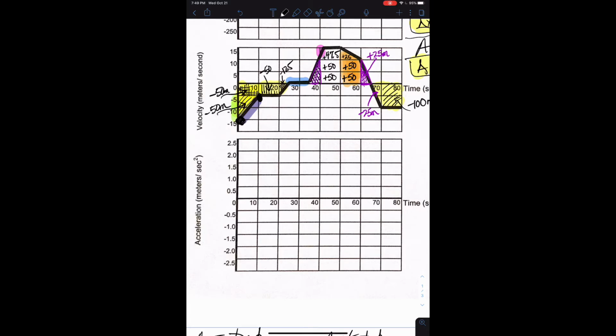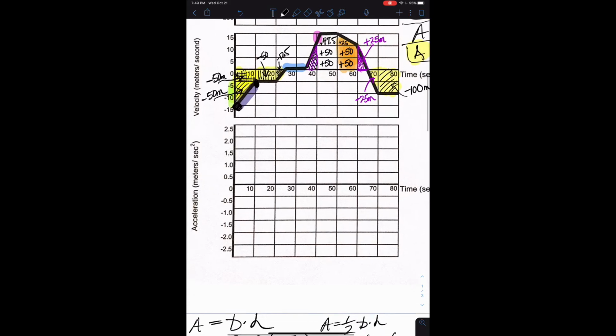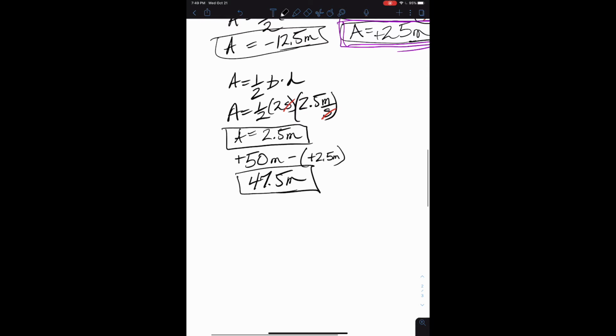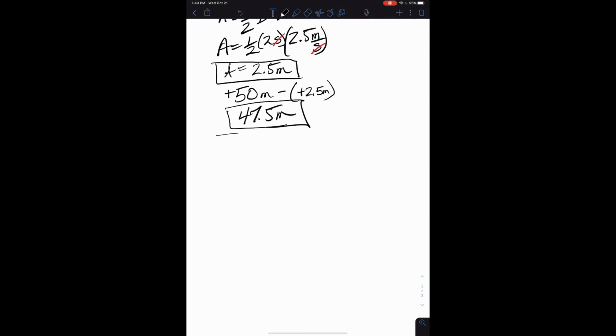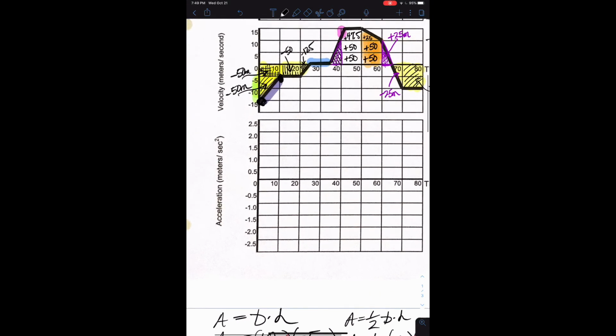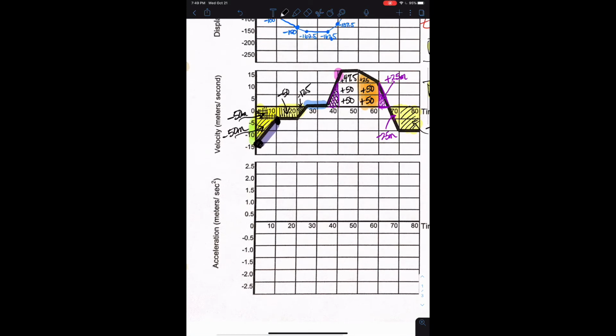And so let's go ahead and write our formula for that. Just draw a little line right here. So we have acceleration is equal to delta V over delta T, right? And we're going to separate that out into VF minus VI over TF minus TI. And here I like to do the times always first. So my final time is 10 seconds.